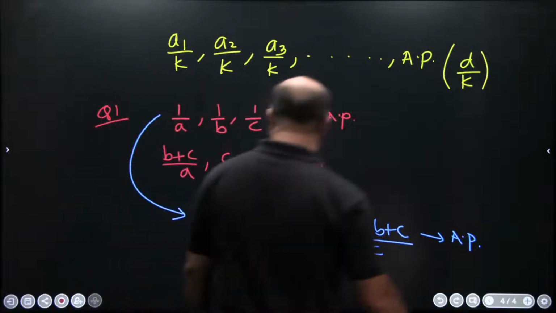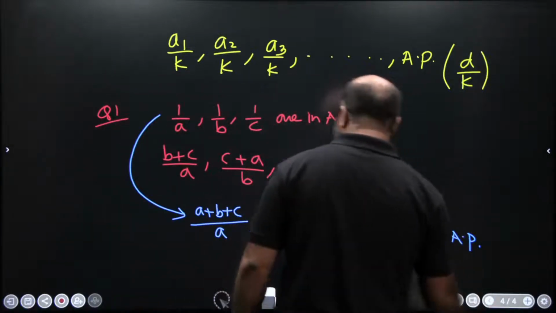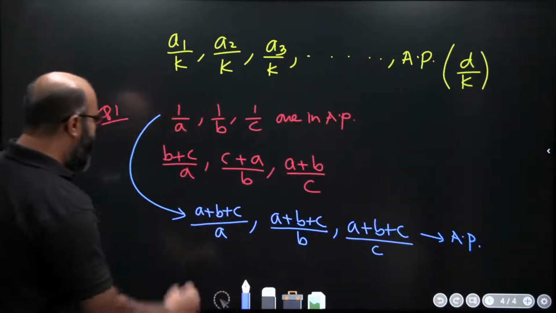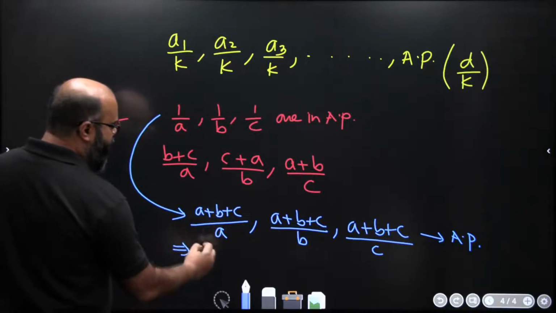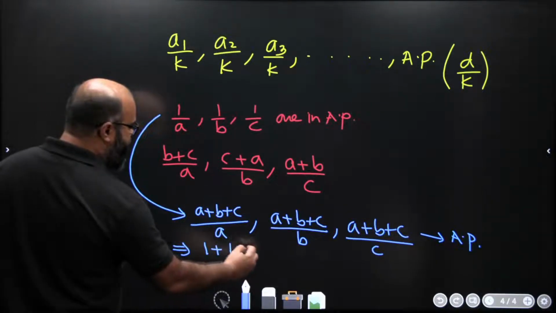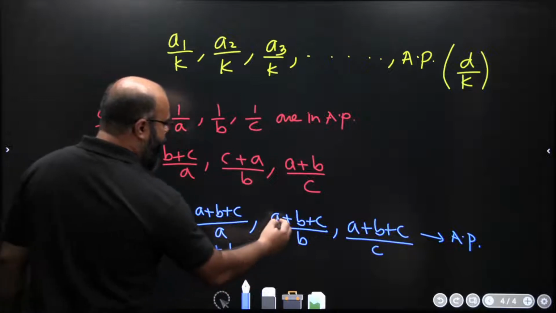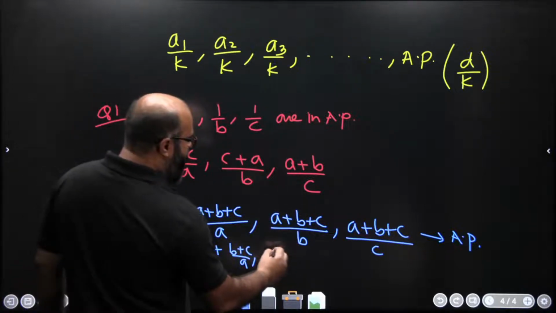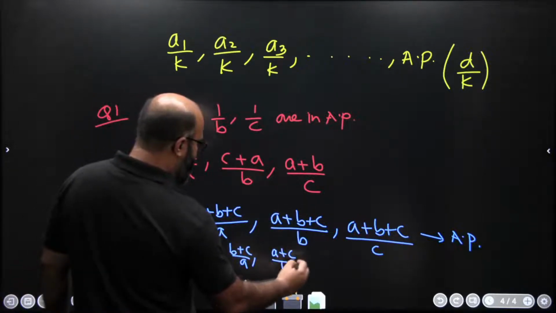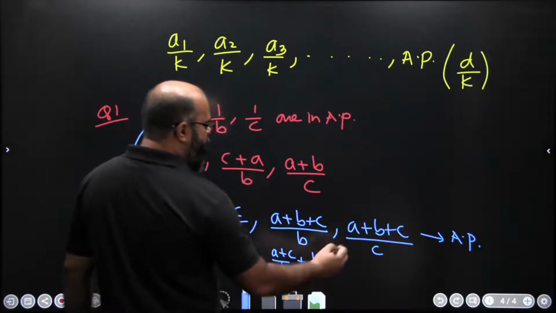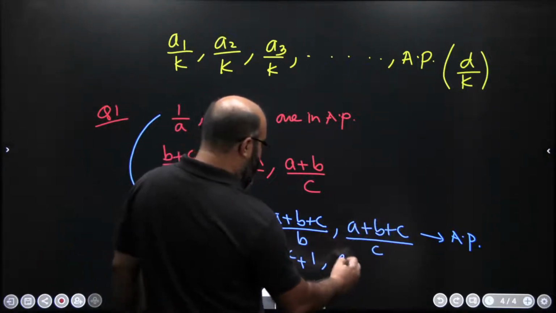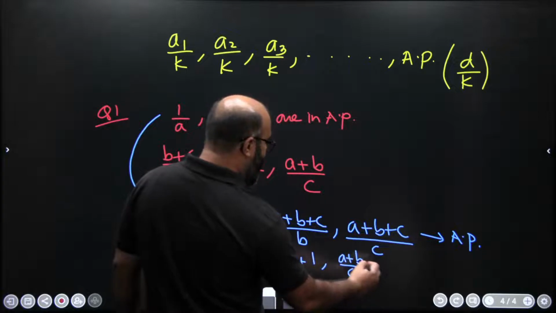Now we will take LCM separately. So we can say that this is a by a plus (b plus c) by a, and here (a plus c) by b plus b by b, and here (a plus b) by c plus c by c, and c by c is 1.